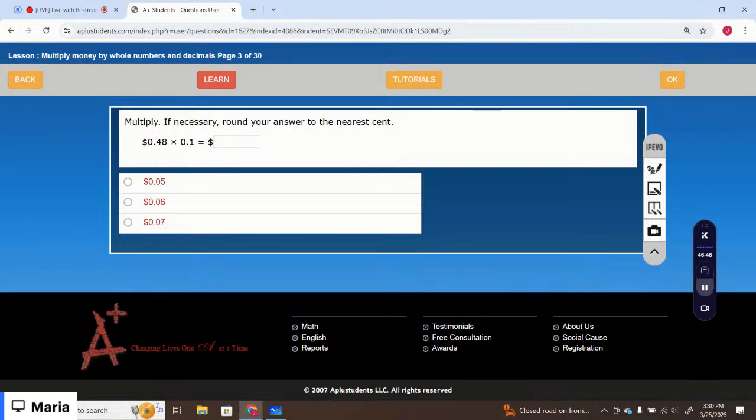0.48 times 0.1, which is the correct option? Round your answer to the nearest cent. So which is the correct option?